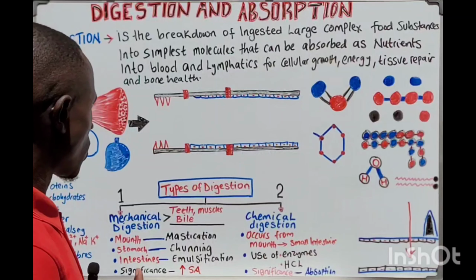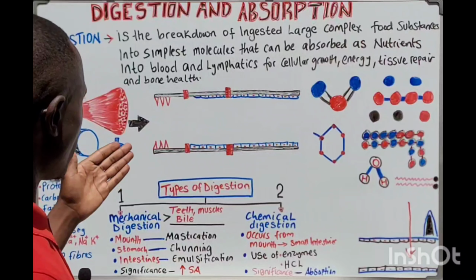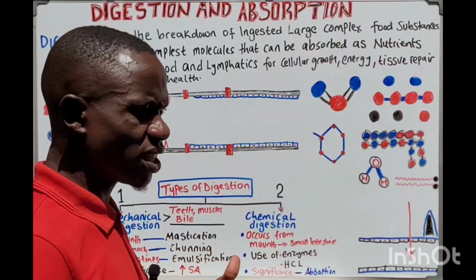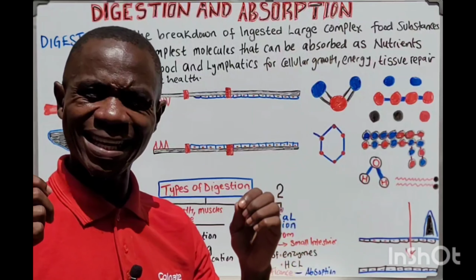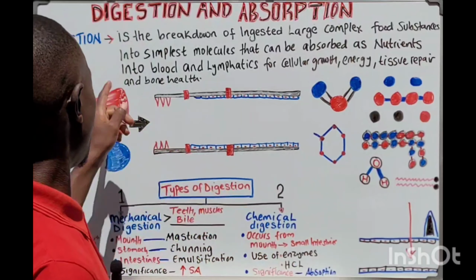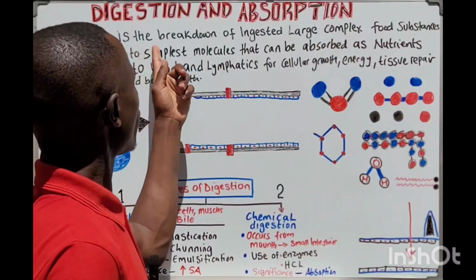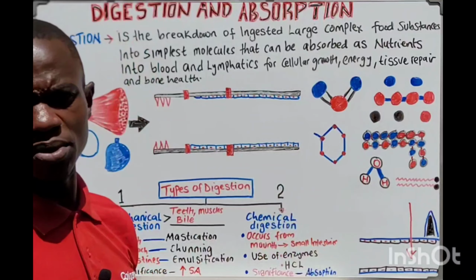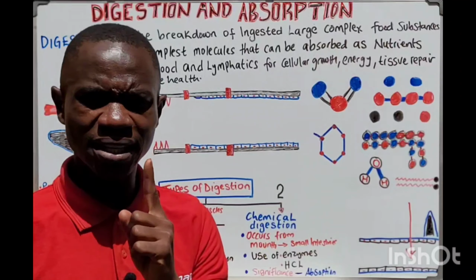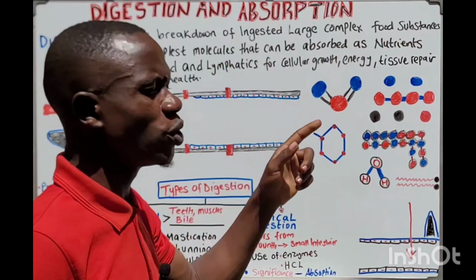Okay, so first things first, we need to understand what digestion is. We need to understand the definition of digestion in great detail. Now, digestion is the breakdown of ingested large complex food substances. That is very important: we are breaking something which you have ingested.